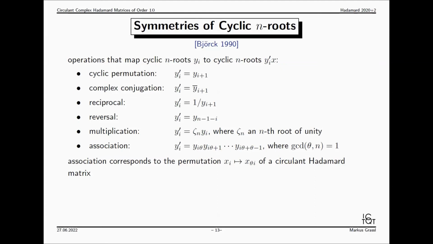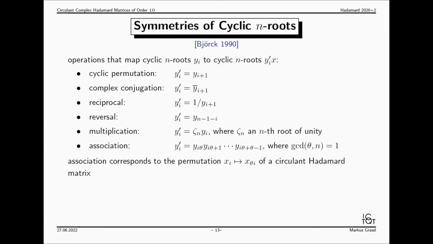And then there is a more complicated operation, which is called association. You replace a variable by a product of other variables. And that's more easily seen if you go back to the original variables for the circulant Hadamard matrices.